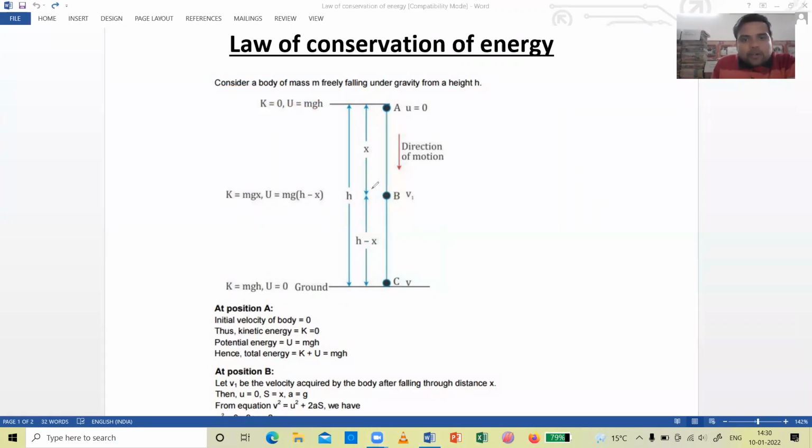At position B, the total height was H. This was the total height, and when it is falling freely under gravity, it has traveled distance x. So the distance from the ground is going to be H minus x.